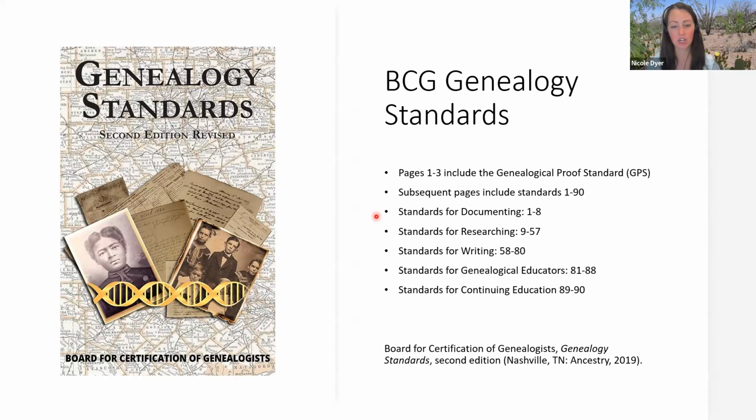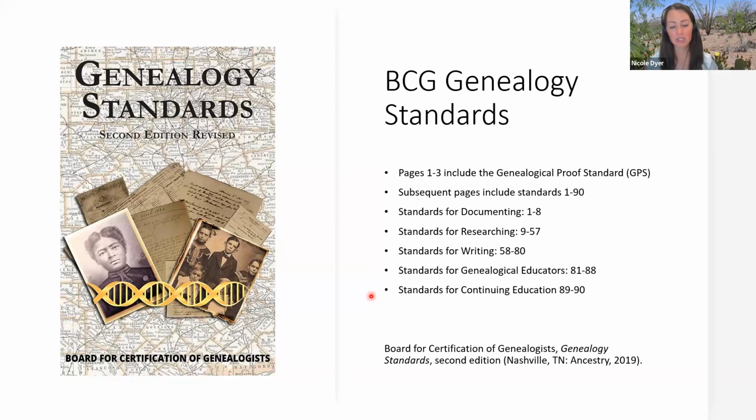They have standards for documenting, which is all about source citations, standards for researching, which is the bulk of the book, standards 9 through 57. This includes standards for note taking, for DNA evidence, and for all kinds of aspects of research. Then standards 58 through 80 are about writing. And then the last few standards are for genealogical educators and for continuing education.